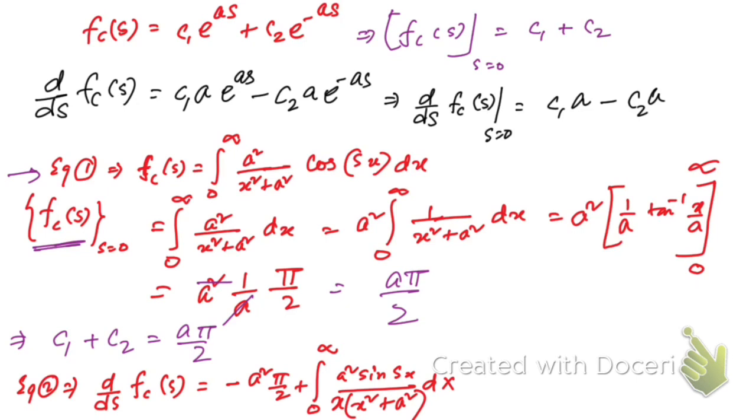This one we have. Okay, now you see, at s is equal to 0, d/ds of fc of s at s is equal to 0. Sine 0 is 0, so this part is going to be 0 at s is equal to 0, right? So that's why this is equal to minus a square pi by 2 only.